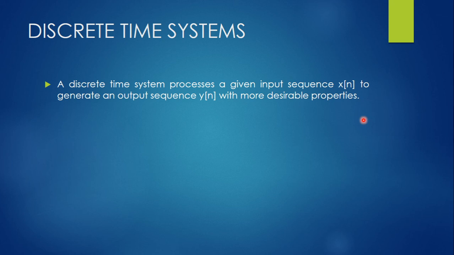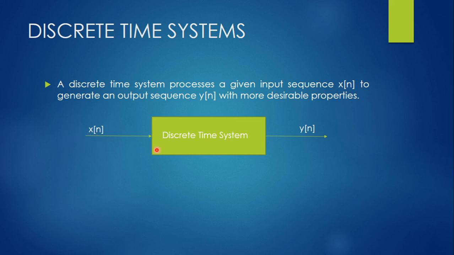So what we do is we perform some processes, some operations, with the help of these systems so that the output has some more desirable properties, or the output has some information that is needed that was not present in the x[n]. So for a discrete time system, the input is x[n], which is discrete.